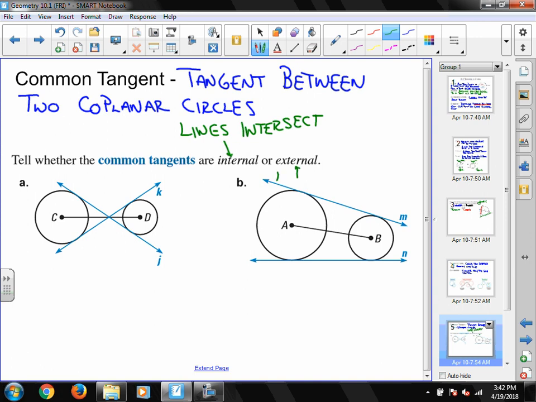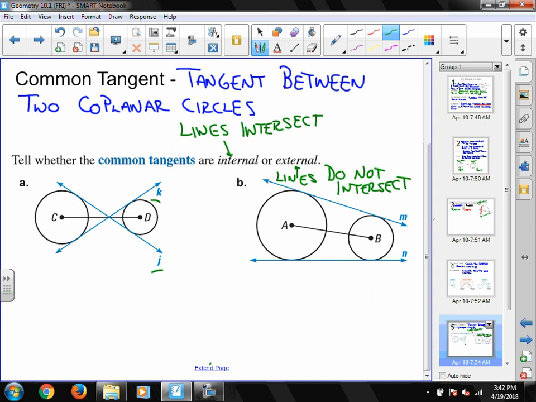External, lines do not intersect. So if I look at A, I have two lines, K and J here.